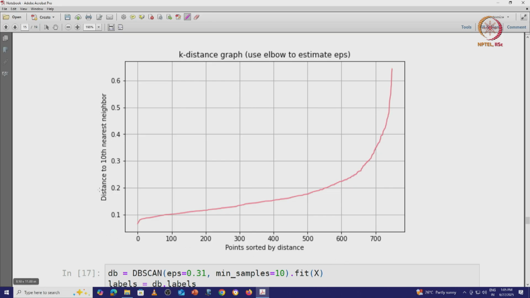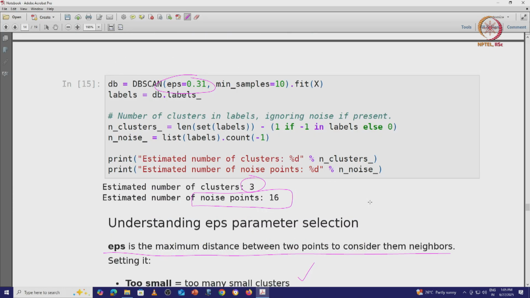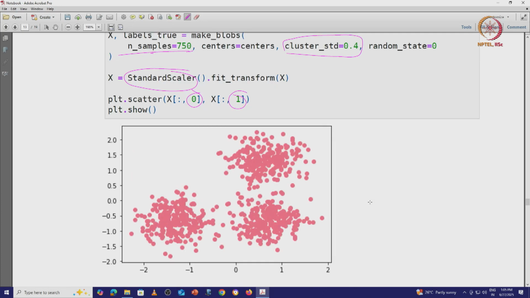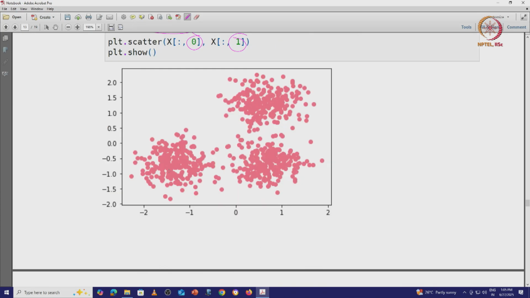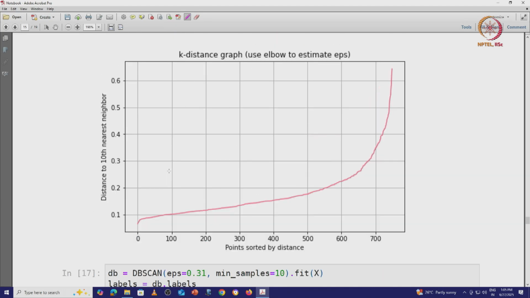So as the distance to the 10th nearest neighbor increases, the number of points that get included is also going to increase, right. And here there's about 750 points, right. If you remember, we had generated 750 samples here right at the top, so that's why you are seeing that the total number of points here is 750, right.